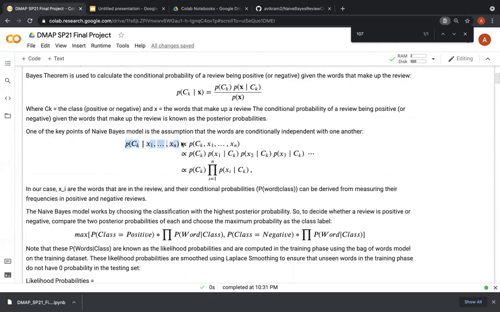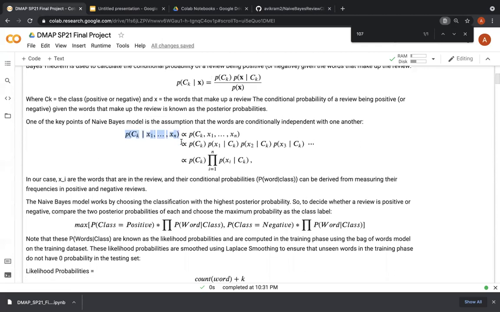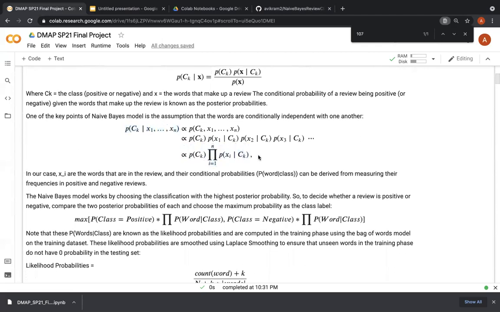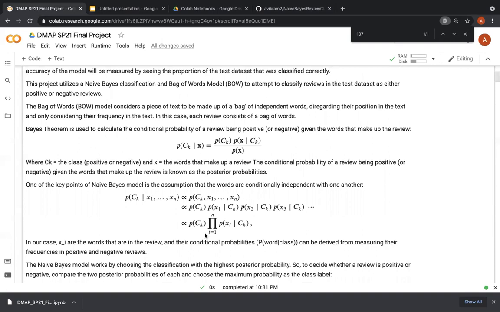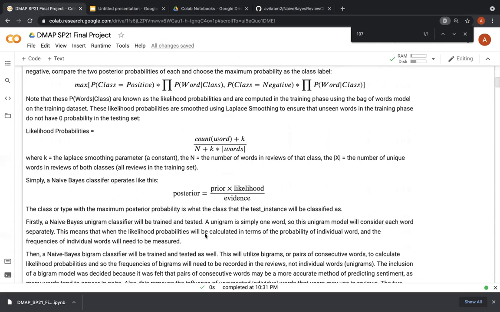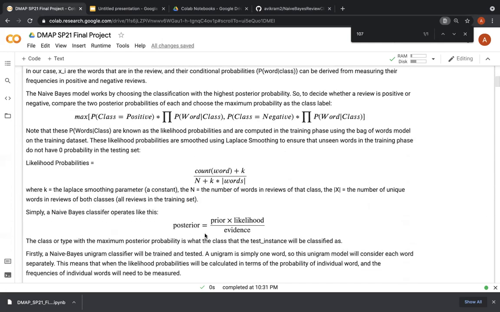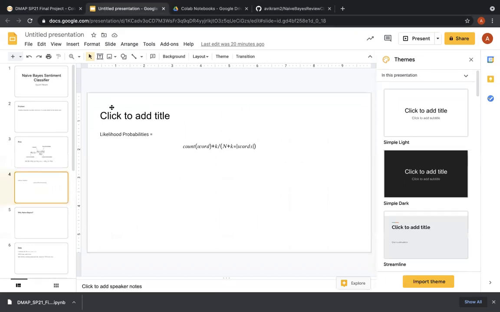So this posterior probability is proportional to just the product of our likelihood probabilities, which we can take the product of separately, thanks to the assumption of conditional independence, with the prior probability. And we don't even need to consider the denominator. That's an important point when classifiers are constructed using the naive Bayes approach. So that is a brief overview of how naive Bayes works.